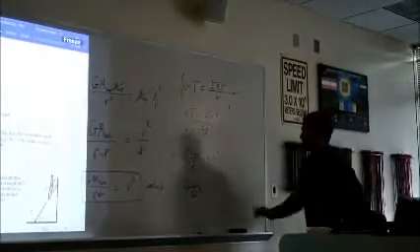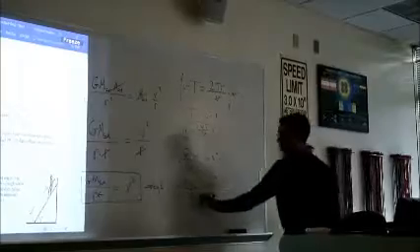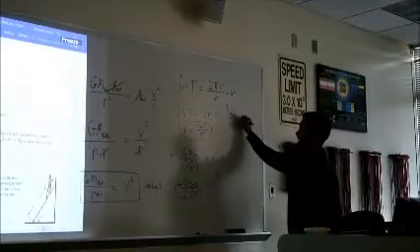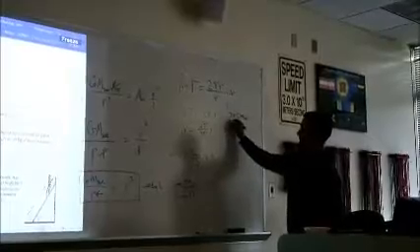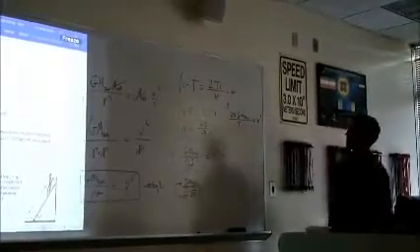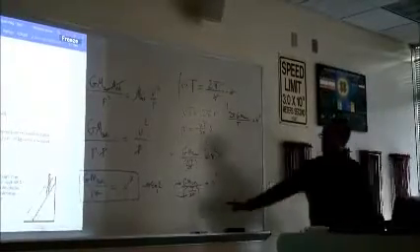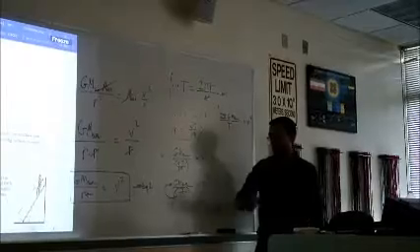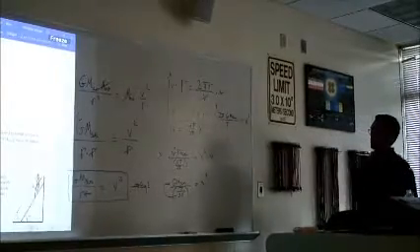Okay, so let's take a look. Now I'm going to go ahead and put the 2 pi up in the numerator. So I have 2 pi G times the mass of the sun over t is equal to v cubed. Does everybody see how I got the 2 pi in the numerator?